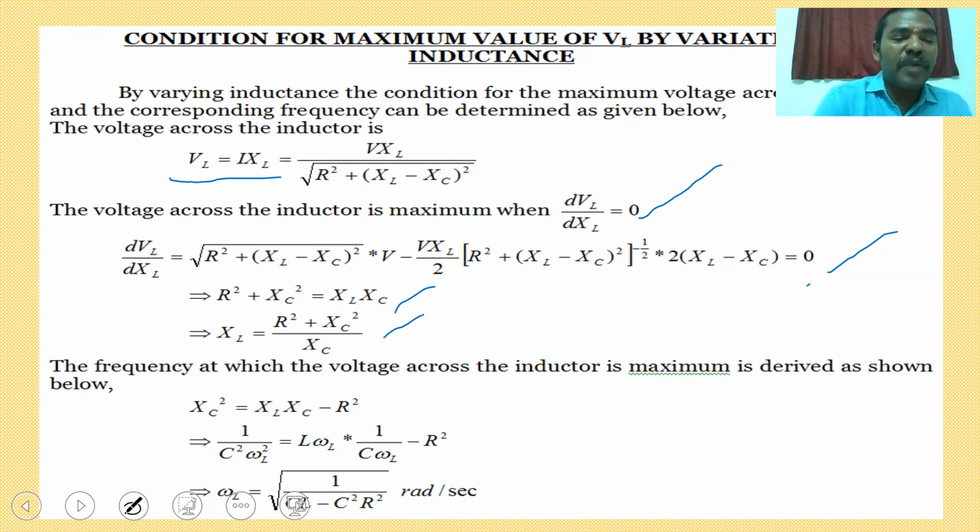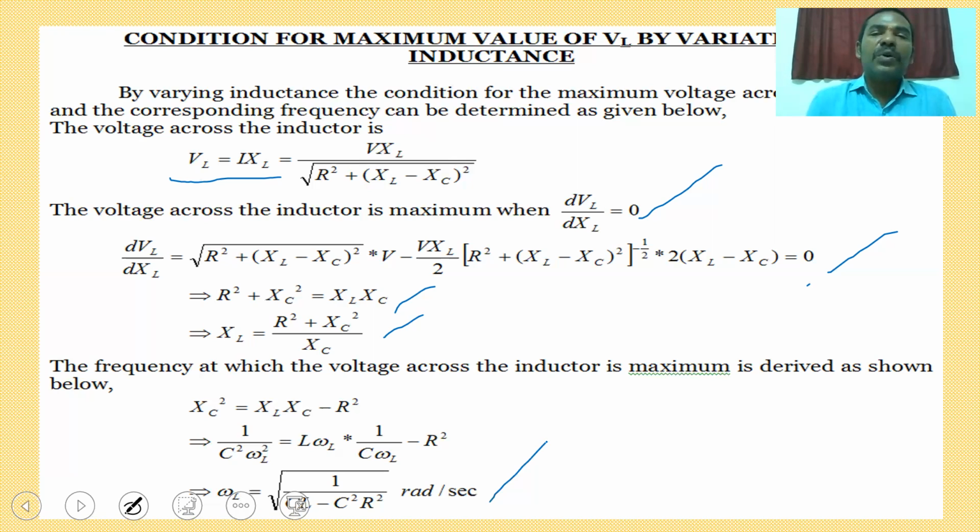So (1 by C omega L) whole square plus L omega L into 1 by C omega L minus R square. Finally, omega L is equal to the root of C into L minus C square R square under the radical. This is in radians per second.